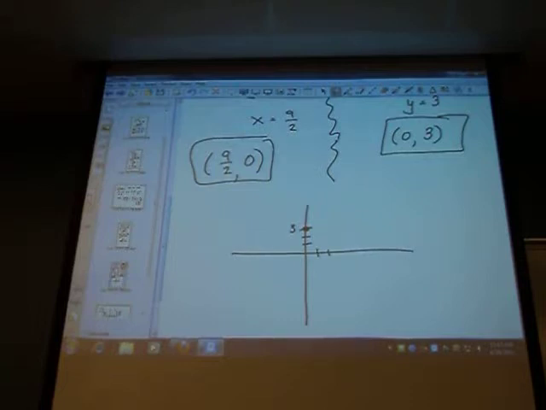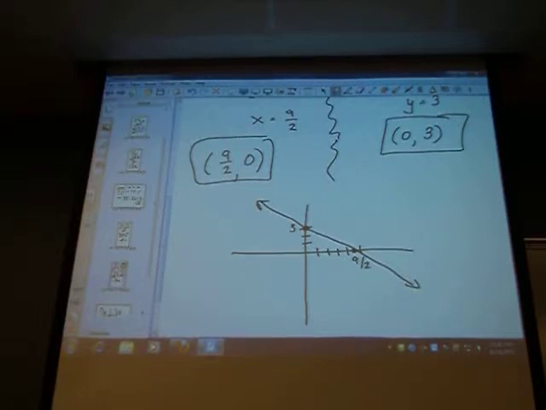So 1, 2, 3, 4, 5. 9 over 2 would be there. So I can just graph those two intercepts. The x-intercept should go on the x-axis, the y-intercept should go on the y-axis, and just draw a line between them. And that's my line.